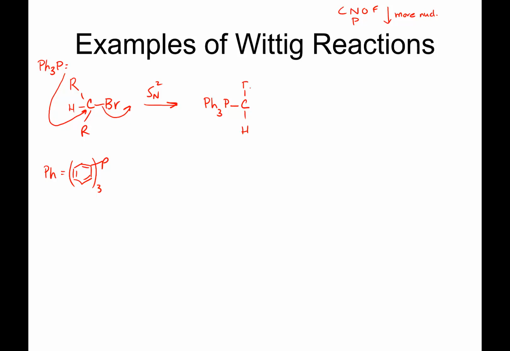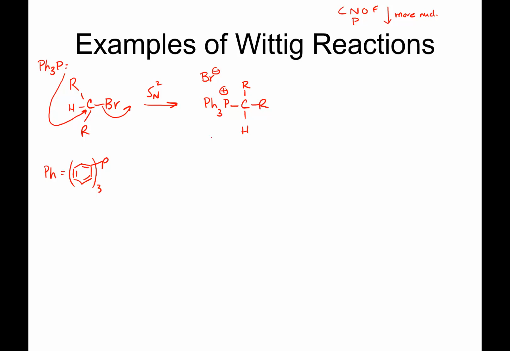There is an R group. There is another R group. The phosphorus picks up the plus charge. Where does the bromine go? The bromine is just kind of hanging out as a Br minus, but the way we write this is we write the Br minus as the counter ion to the P plus. Okay, so we have our initial molecule.